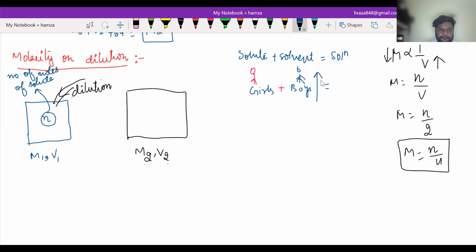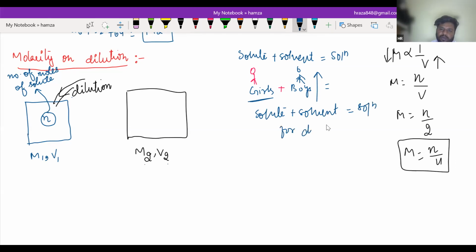Yes or no? Yes. But will the number of girl students increase or not? No, simple. If you are going to increase the boy students but girls are constant, that means the overall number of students will increase, but the number of girl students will not increase. In the same way, solute plus solvent is equal to solution.